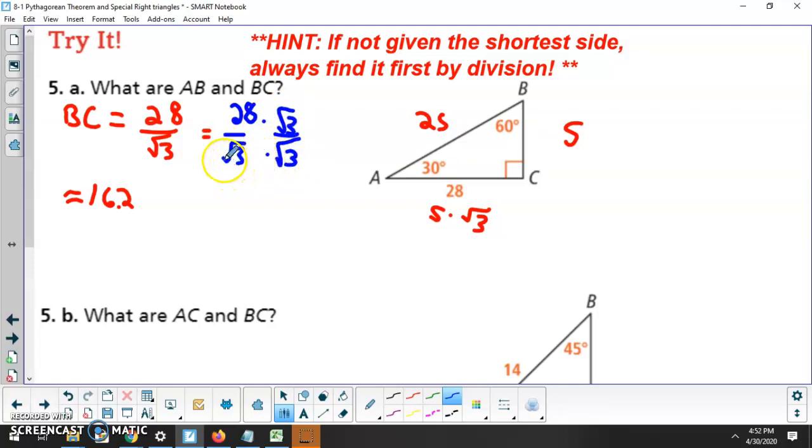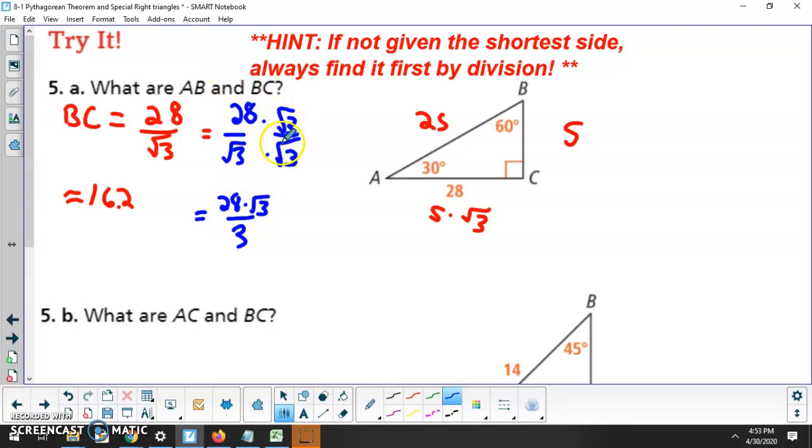When you multiply the square root of 3 by the square root of 3, that's equal to the square root of 9, which is just the number 3. So when you multiply a radical in the denominator by the same radical, it cancels out the radical sign. The square root goes bye-bye. So the way the book has this answer is 28 times the square root of 3 over 3.